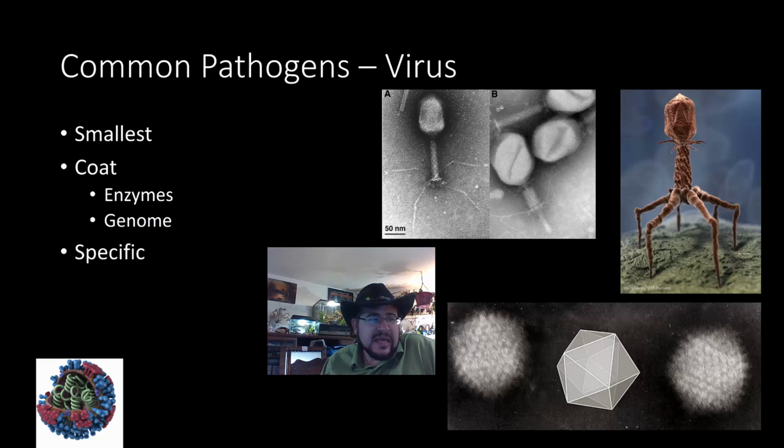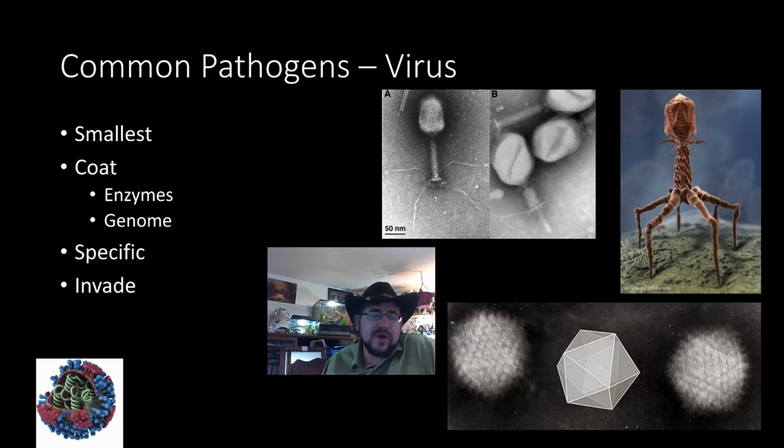However, it does not cause respiratory symptoms or signs. So, they are specific to the tissue or organs that they infect, or specific type of cell in the case of a bacterial phage.